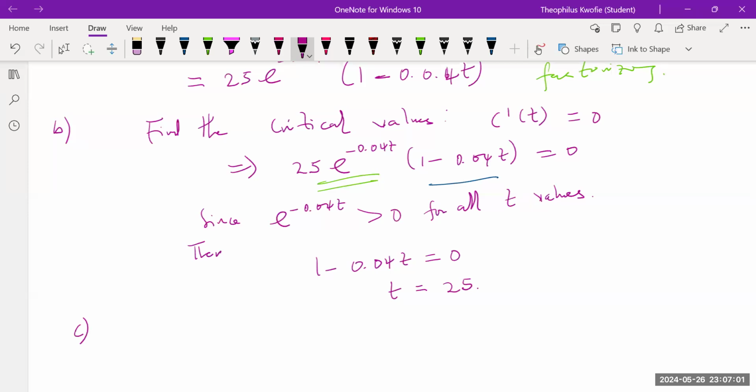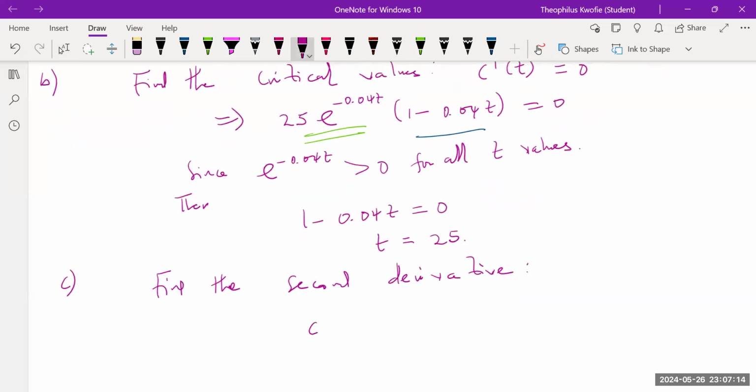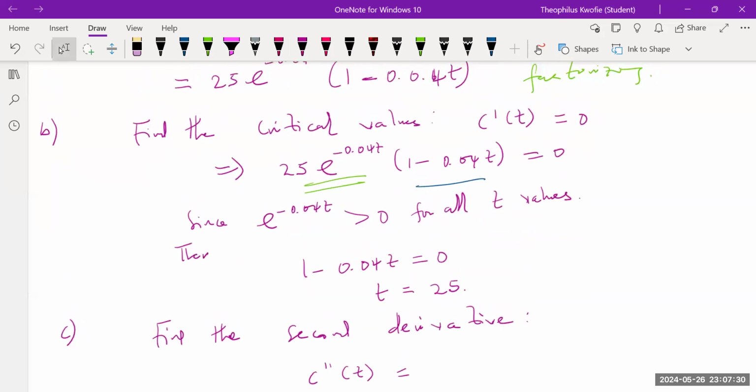Now, find the second derivative, which means we're going to have c double prime of t. And that should give us what? We are going to differentiate this.